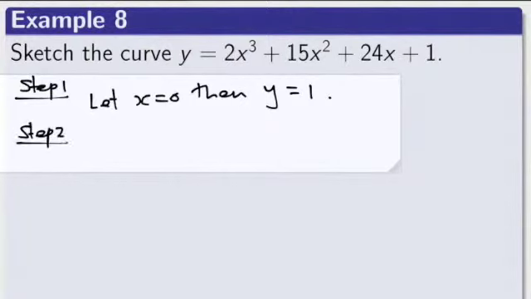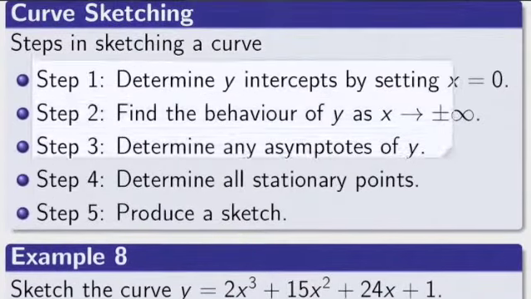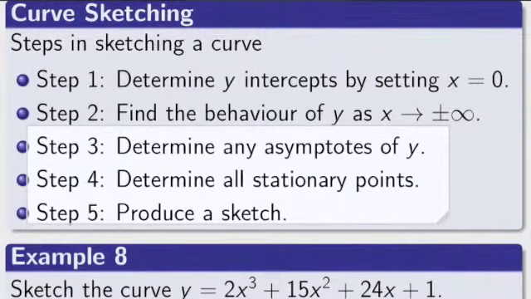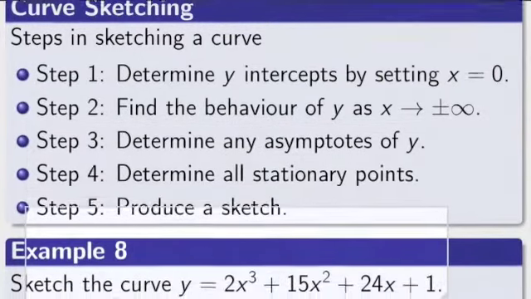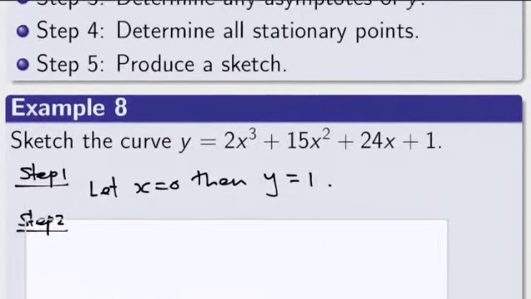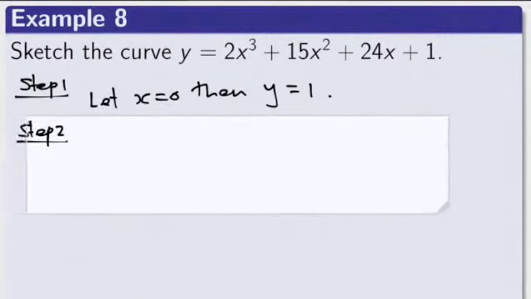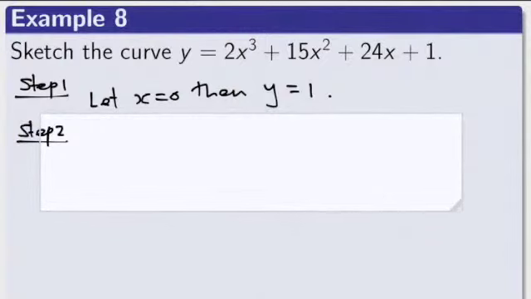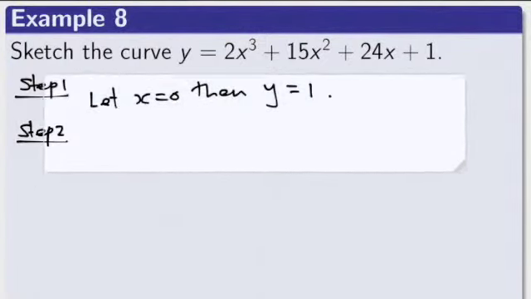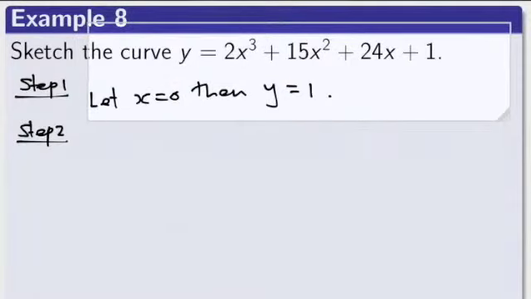Step 2, we want to determine the behavior of y as x approaches plus or minus infinity. When trying to determine this, we only need to look at the dominant term of y.